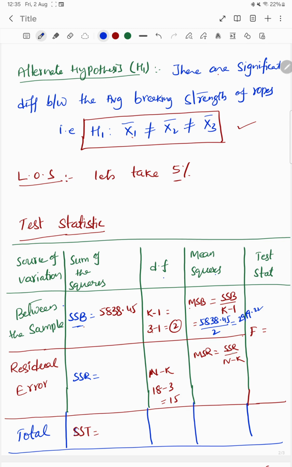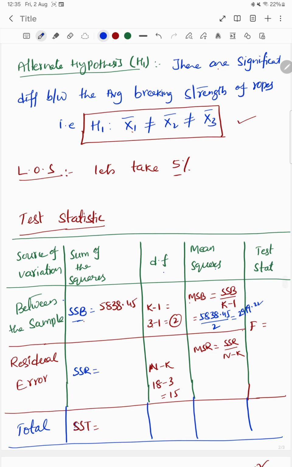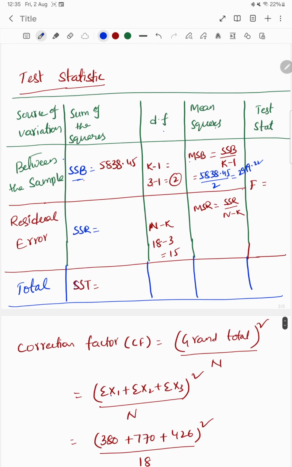To find MSR, we need to find SSR by n minus k. But remember, we cannot find SSR directly. If you see the first column, this is SSB, this is SSR, this is SST, and the total SST is the sum of SSB and SSR.